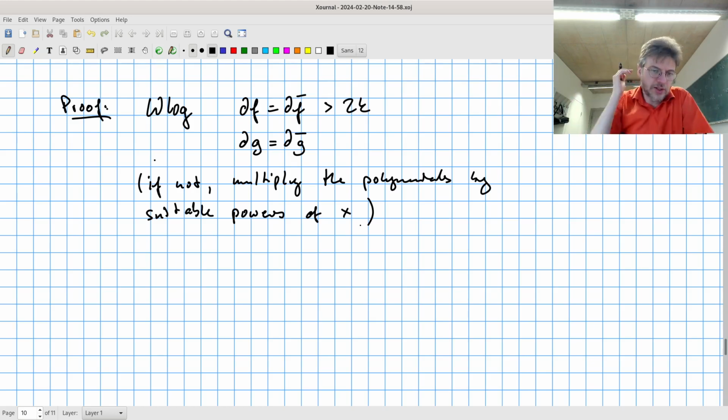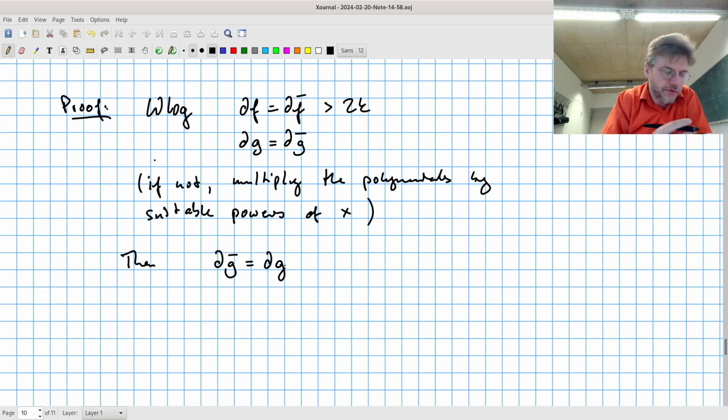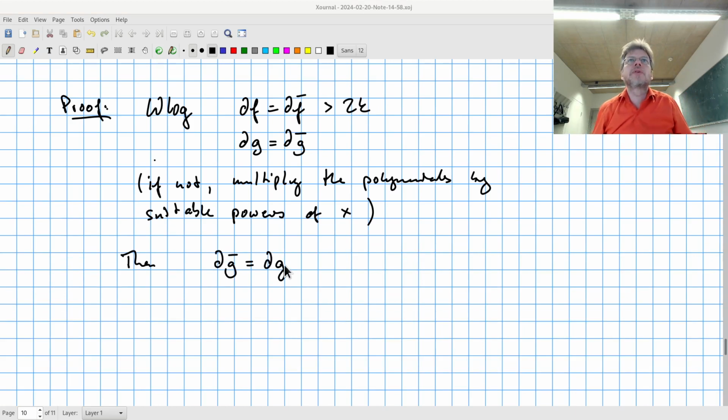Okay, so then what we can say is that the degree, we just made sure by assumption that the degree of g bar is equal to the degree of g. And by one of the assumptions, so let me copy the assumptions here.